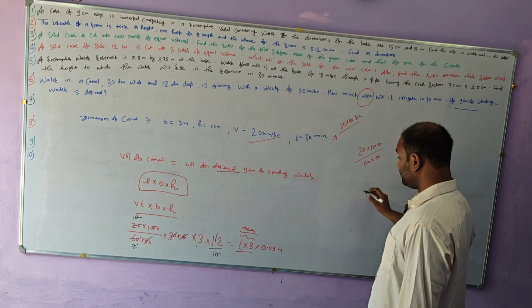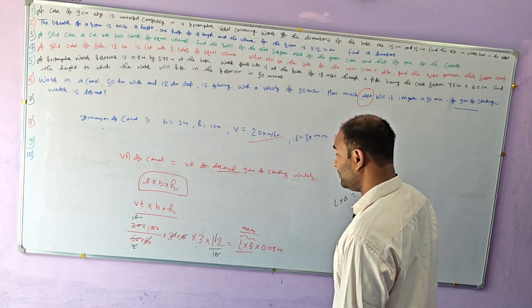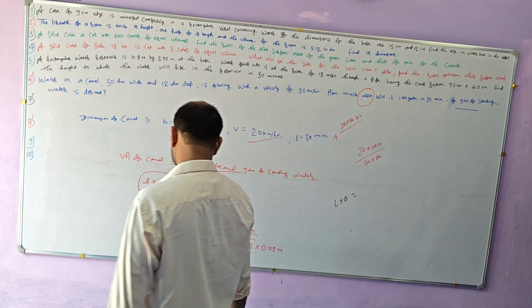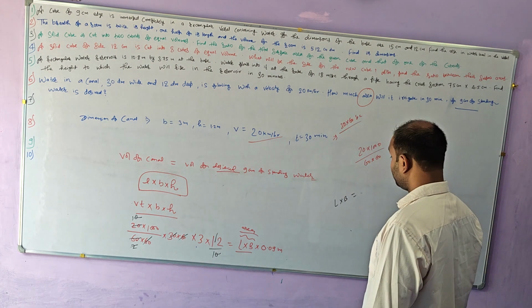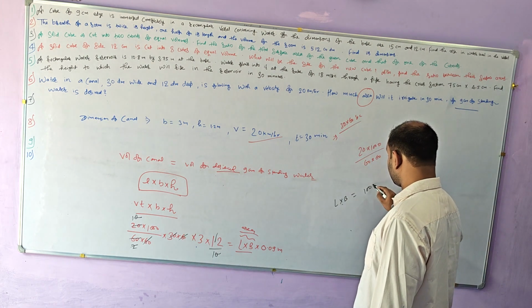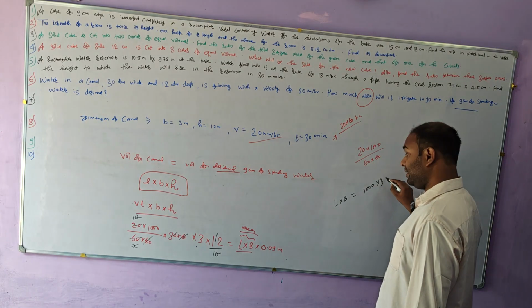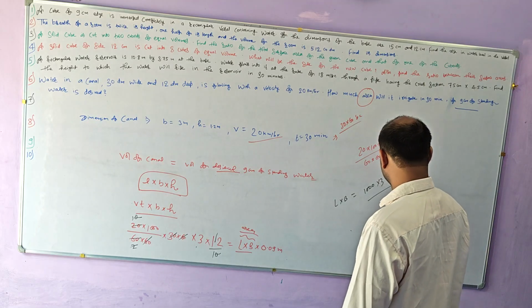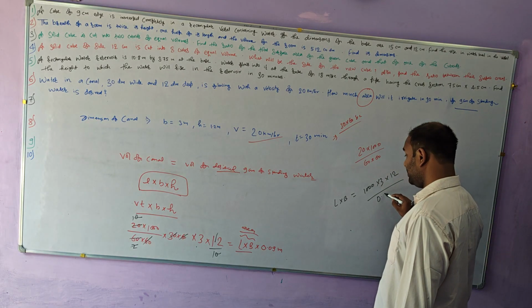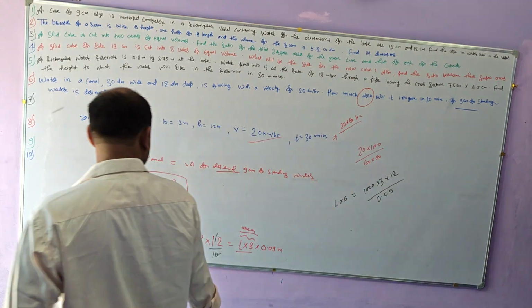So we got L into B is equal to 1000 into 3 into 12 upon 0.09.